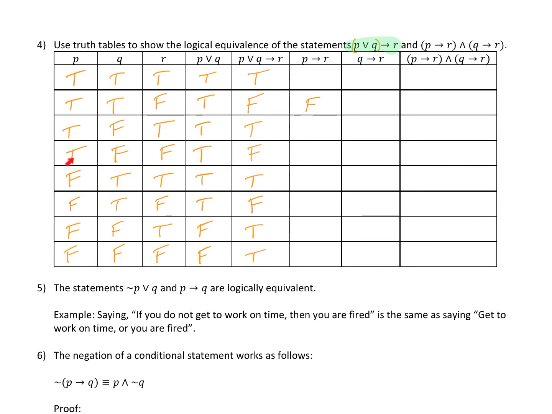Then true, true, true, false. Okay, fourth one gets a false. False, true, false, false, false, true, false, false. So there's only two falses in this column, only two ways that P can be true and R can be false. So the rest end up true.